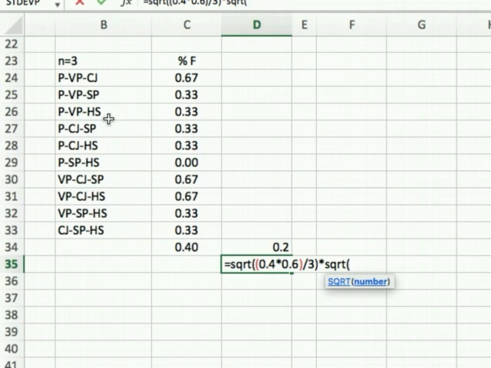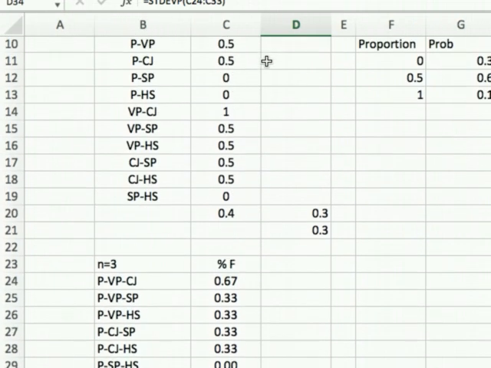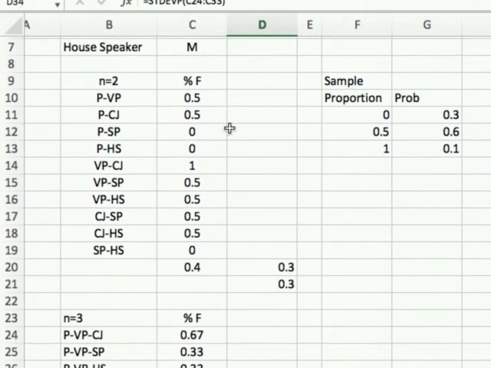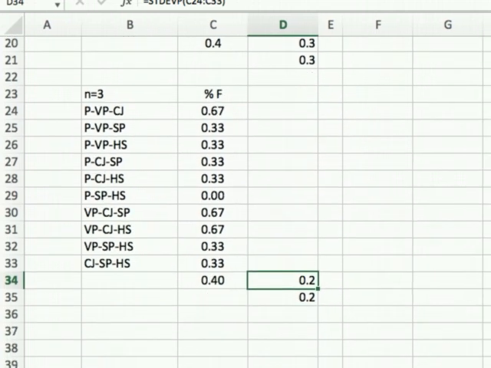So that's capital N minus small letter n of 3, so that's 5 minus 3 or 2, and then divide that by capital N minus 1, or 5 minus 1 or 4. And again, we can see here that the formula we used gave us the same standard deviation. So these again are examples of constructing the sampling distribution of the sample proportion and verifying the properties of the sampling distribution of the sample proportion.